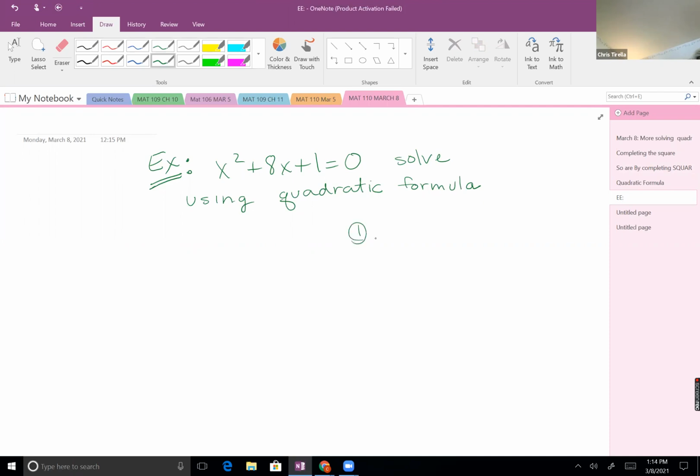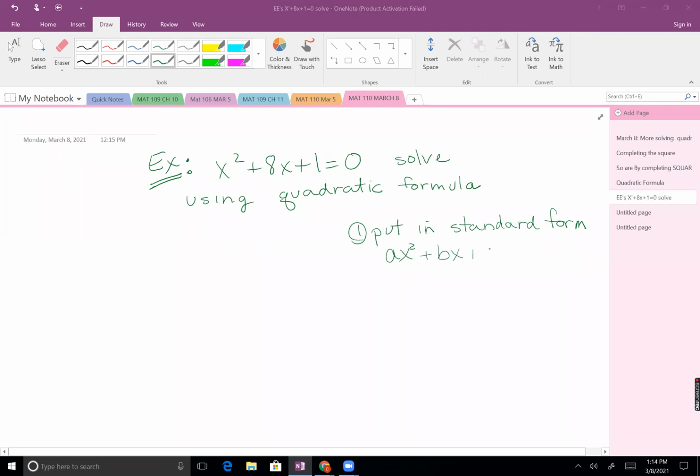The first thing that we want to do is put it in standard form. And again, that standard form is descending order, one side 0, which we've got already. It's in descending order, and one side is 0.